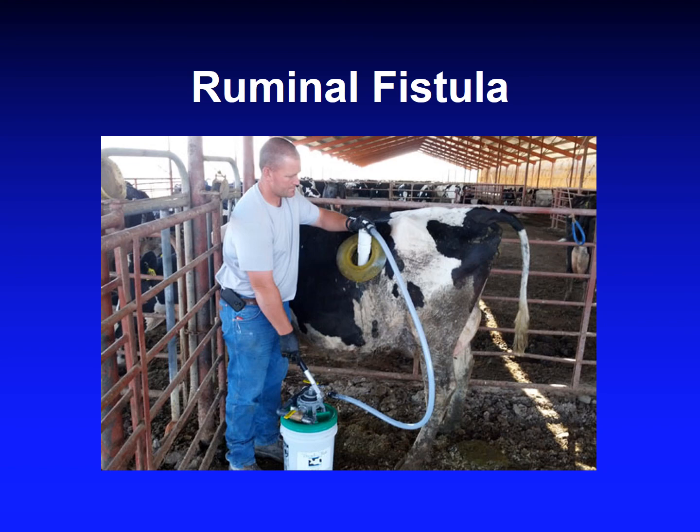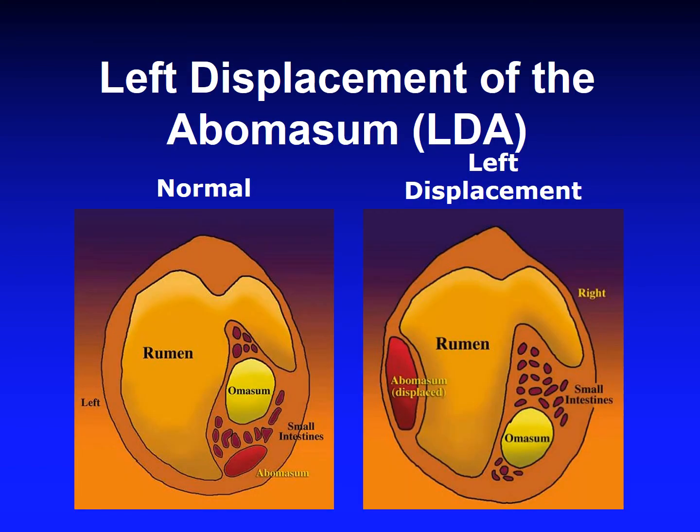Now let's go to the left displacement of the abomasum. LDA and RDA. I mentioned that the rumen occupies the left-hand side of the abdominal cavity in ruminants, whereas on the right-hand side of the abdominal cavity you have the reticulum, omasum, and abomasum.